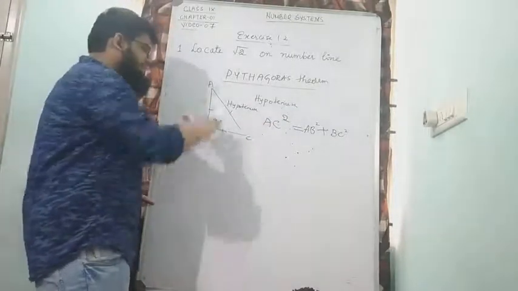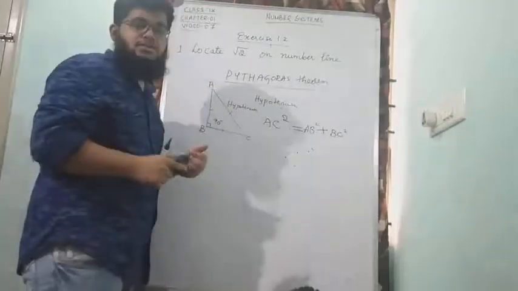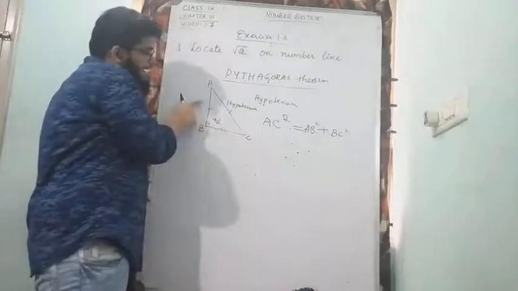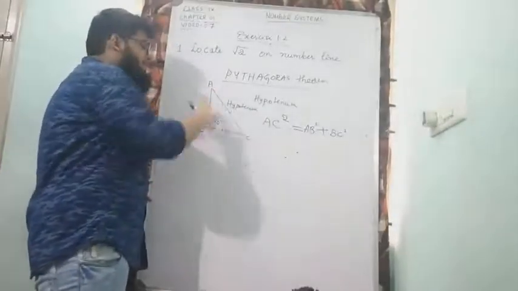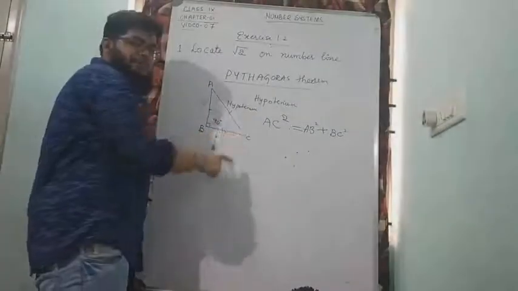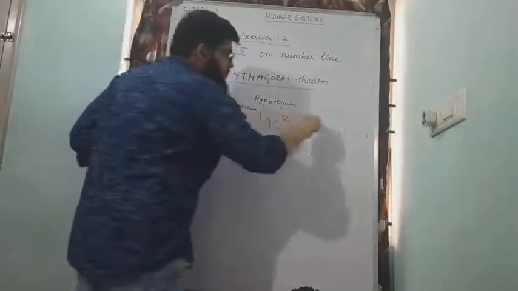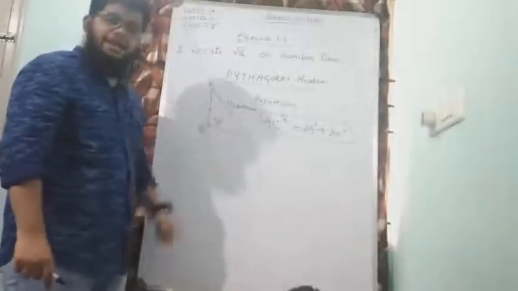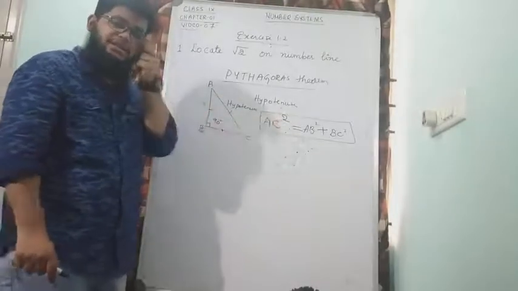Which are the other two sides? AB and BC, so this will become AB square and BC square. You have to add them, that is AB square plus BC square. So please remember Pythagoras Theorem along with the right angle triangle and its mathematical statement.